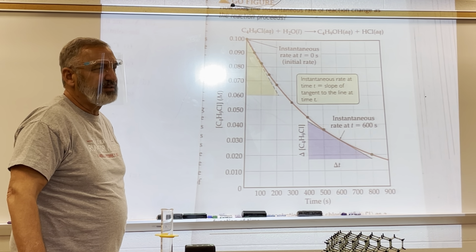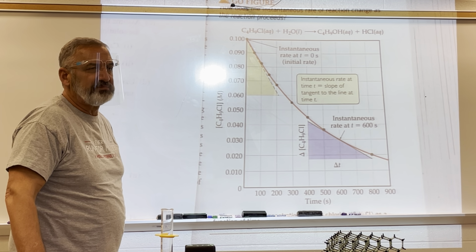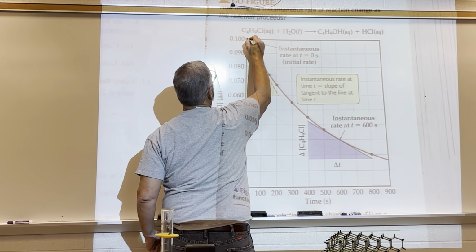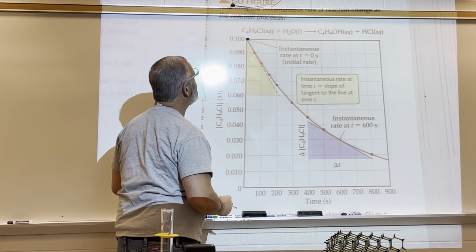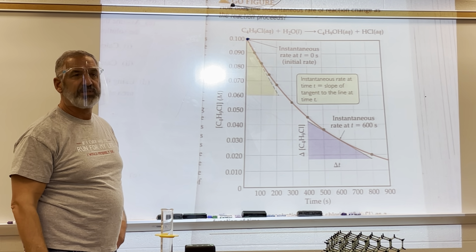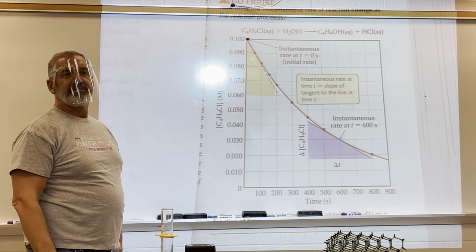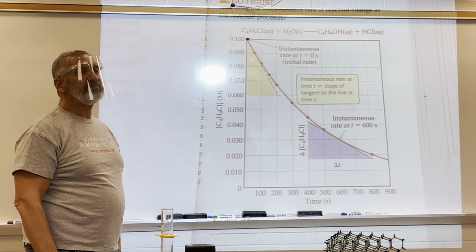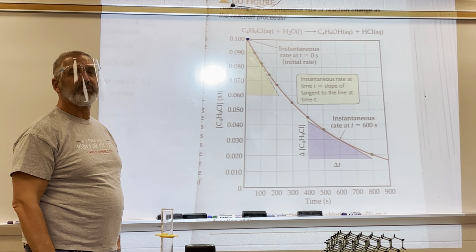Don't make it complicated. Okay? So they're pointing to this point right here. They're getting the instantaneous rate. What is that? Not even mathematically, just by definition, what would that mean?